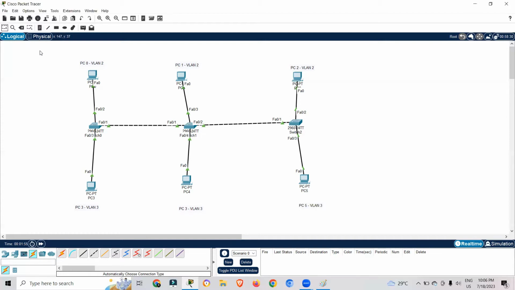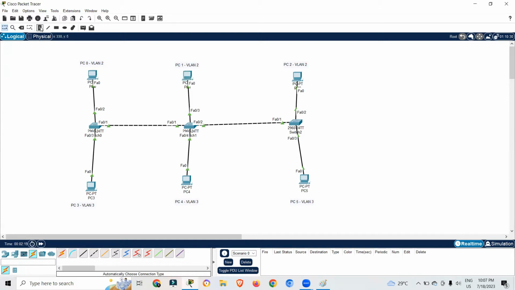Yes, you should put PC4 here, not PC3. Okay, so this is PC4. Very well. So these PCs are part of VLAN 3, and the above three PCs are part of VLAN 2. Very well.